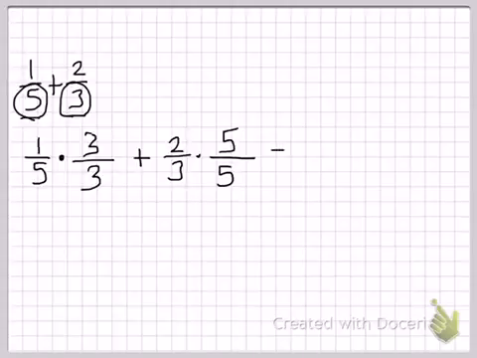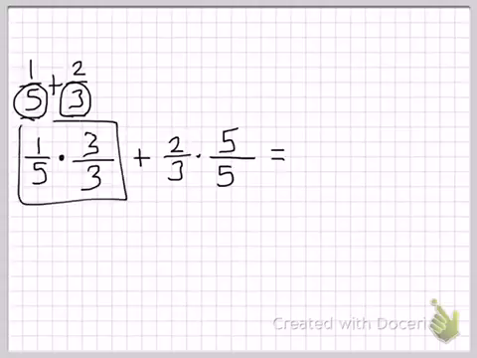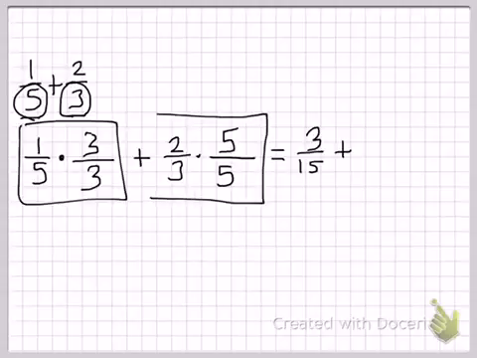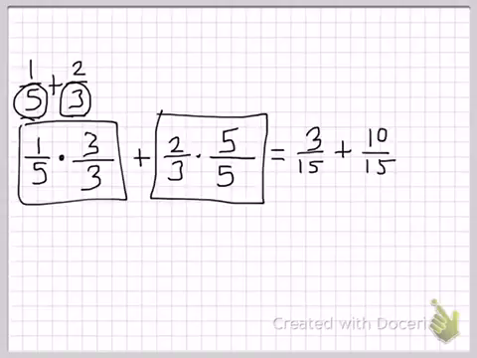denominator. When I multiply these through, 1/5 times 3/3 gives me an answer of 3/15 plus 2/3 times 5/5 gives me an answer of 10/15. Okay, so we created a common denominator, and that common denominator is 15.